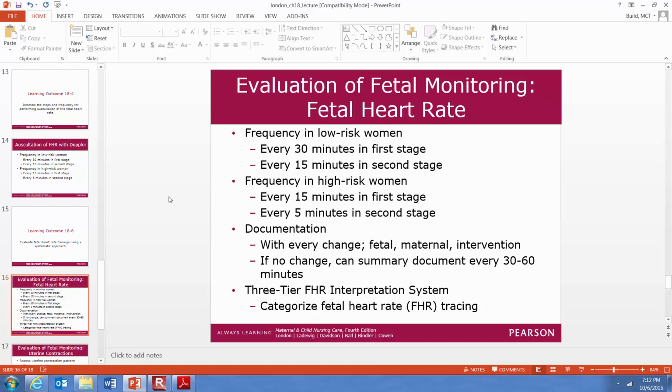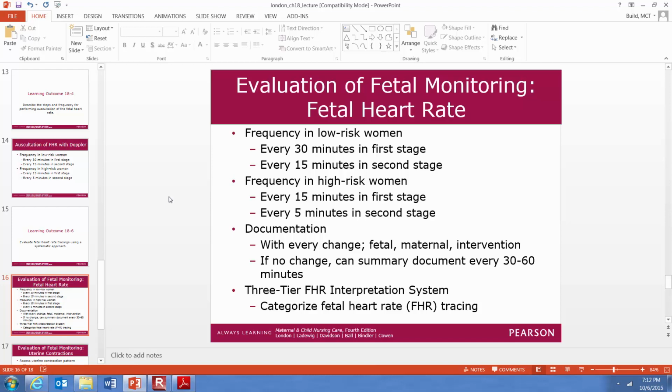AWHONN says that if you're assessing your woman every 30 minutes, and every 30 minutes your assessment is the same, you only really need to document once an hour. Like at 8 o'clock, I assessed my woman and my baby, and I documented it in my notes.